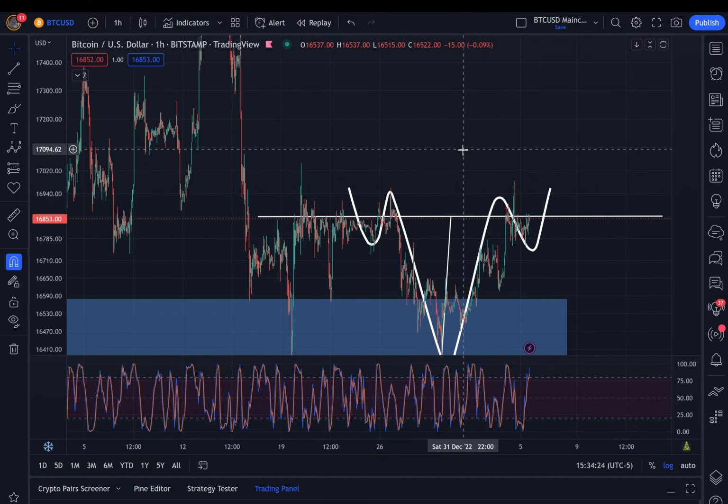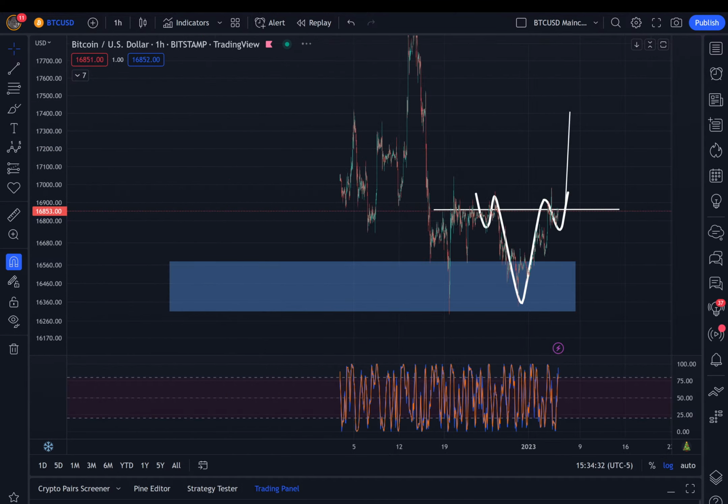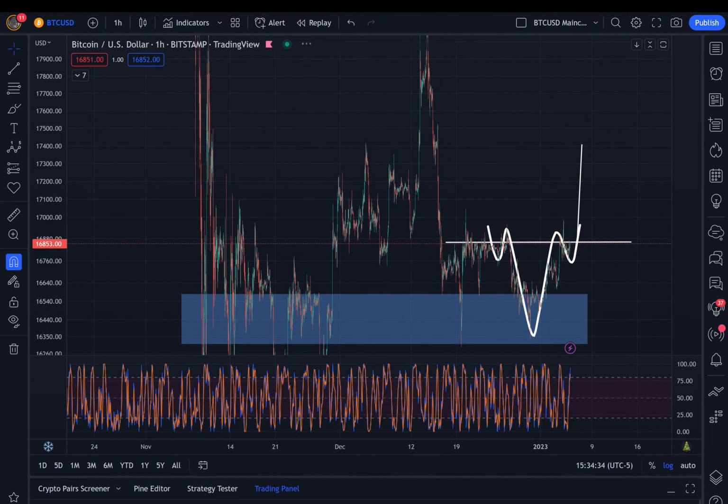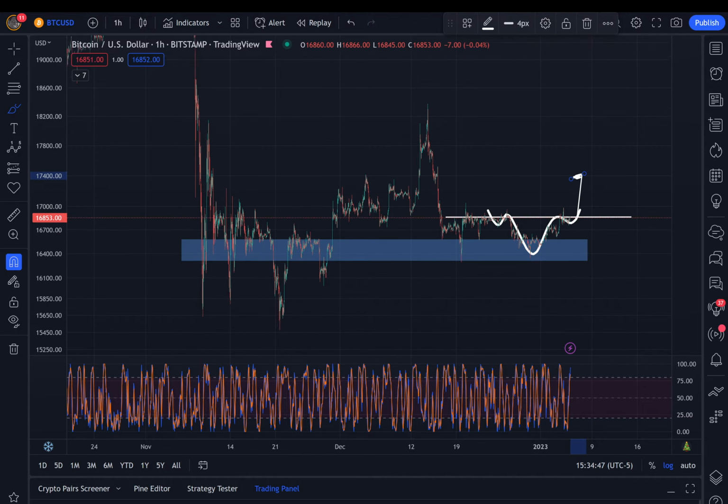So again, mind you, this is all small time frame technical analysis, but this is a daily show, so people are interested as to what's likely to happen on the small time frame. So on the small time frame, if you look at this, your next technical target is up here, but that's kind of in no man's land, okay?